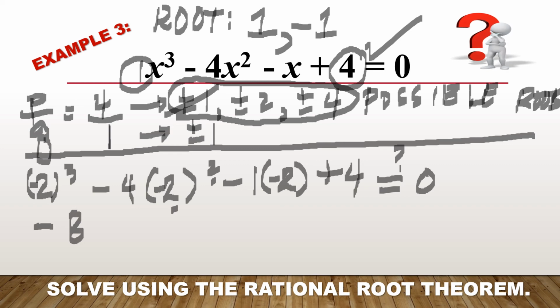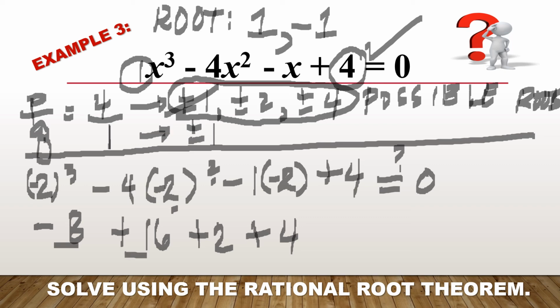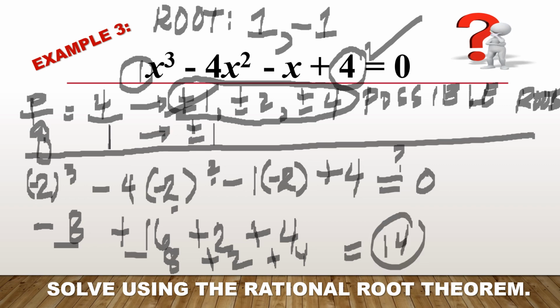Negative 2 squared is 4 times negative 4, positive 16. Negative 1 times negative 2 is positive 2, then copy plus 4. Negative 8 plus 16 is positive 8, plus 2 plus 4 obviously is not 0. So this is 14. So negative 2 is not a factor. We're done with positive negative 2. So let's cancel this. 1, 2, and negative 2 are not factors.